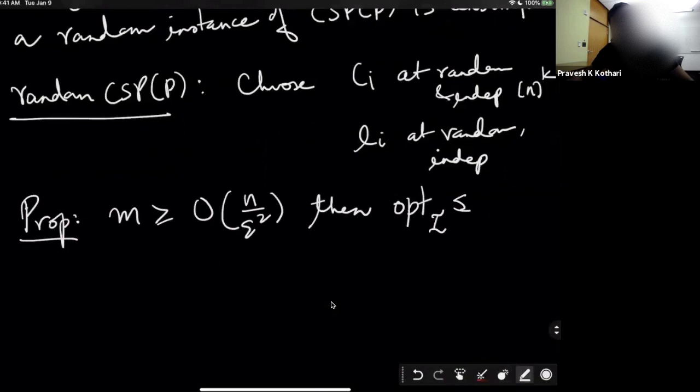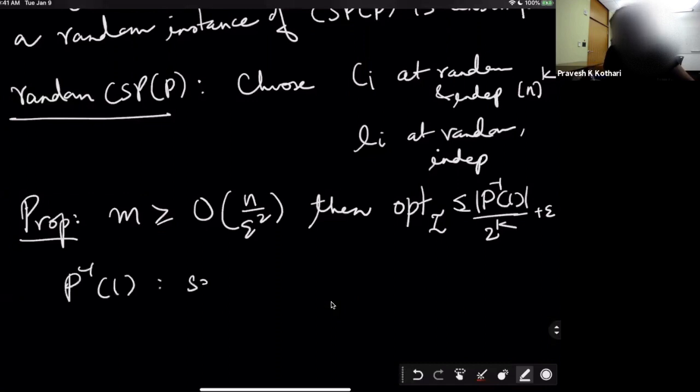And then we proved, by a union bound argument, that in fact no assignment satisfies sufficiently more than a half fraction of the constraints, right? So the analog for arbitrary predicates P is what you would imagine, whatever is the fraction of constraints satisfied by a random assignment, plus epsilon. So this P inverse 1, remember, is the set of all assignments that satisfy P.